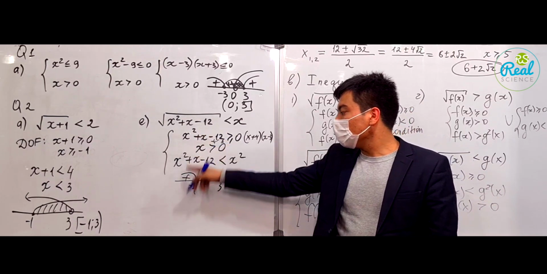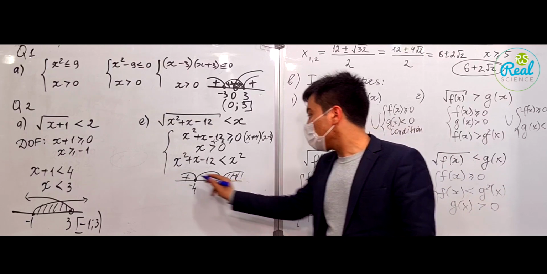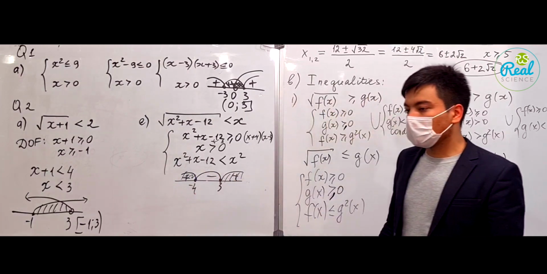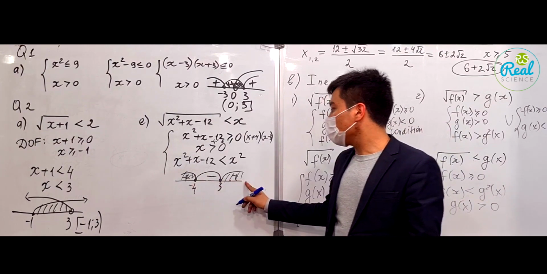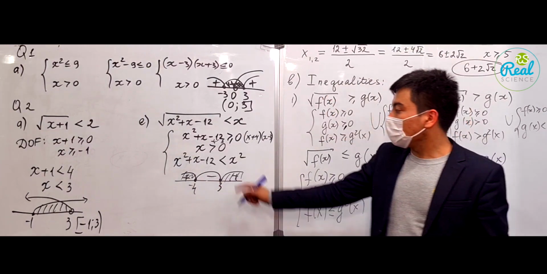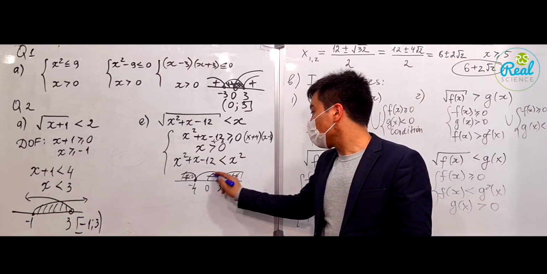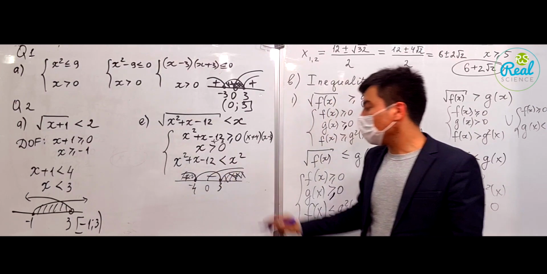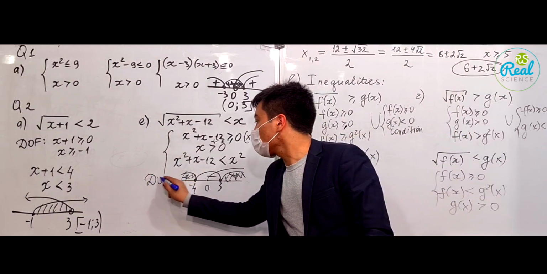From here just 2, and from here minus 5. And we need actually only positive, yeah? And it means these intervals are answers. But here the second inequality is x must be greater than 0. Only this interval. This is the domain of the function.